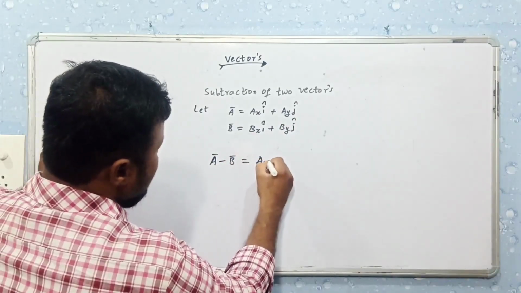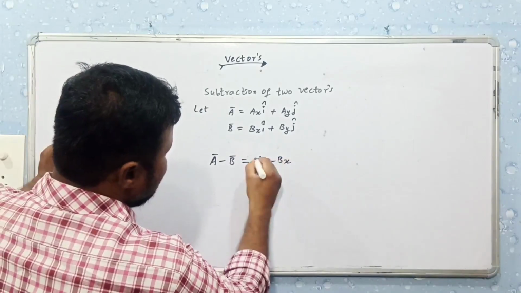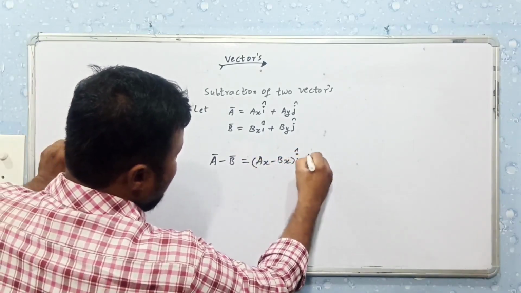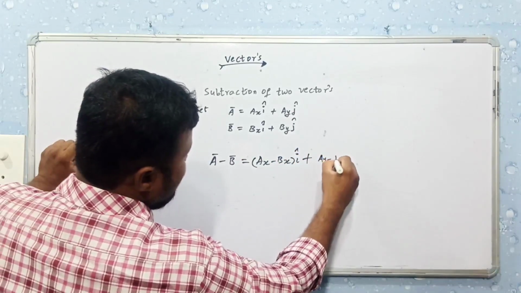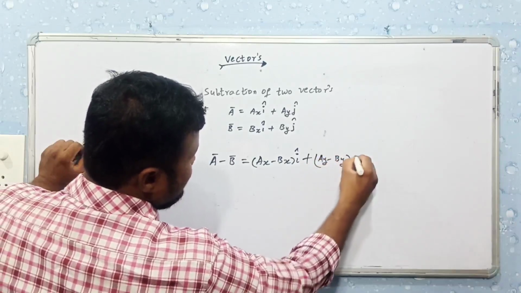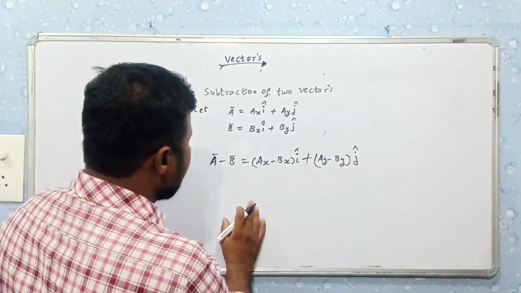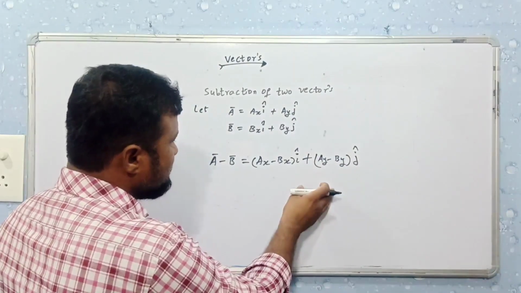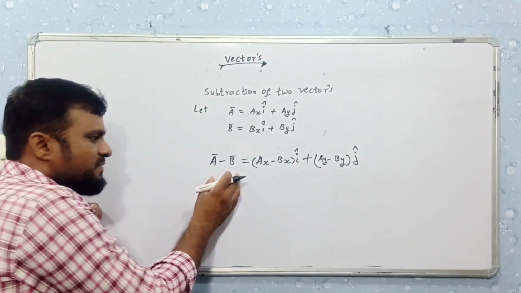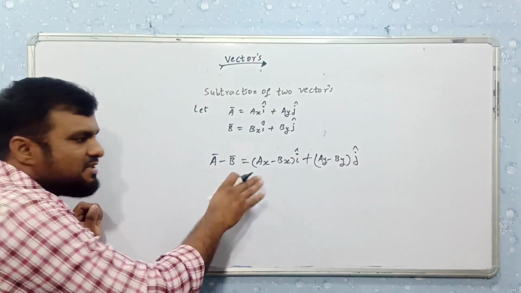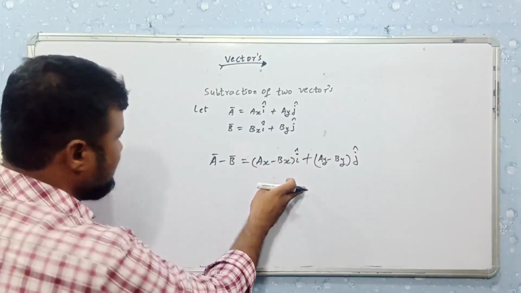Then Ax minus Bx i cap plus Ay minus By j cap. In this way you have to subtract. The direction remains the same. Even if you subtract, the vector remains, it has direction. Understand?